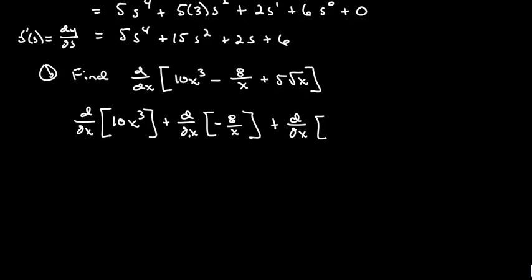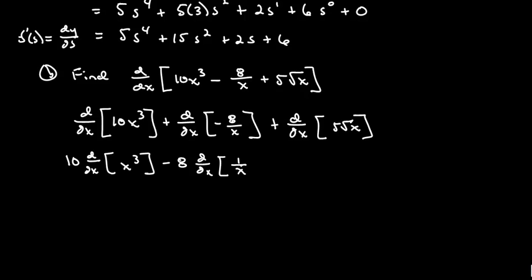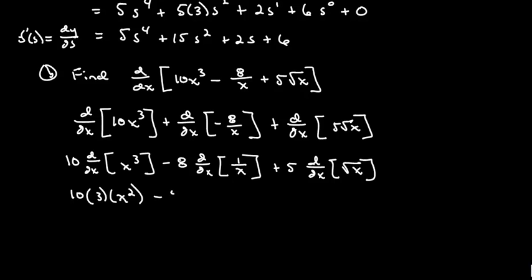Now notice I'm using d/dx, because that's our variable here. Now I'm going to go ahead and pull out the constants. Now we're going to make this minus. Using the power rule, this guy is 3x squared.